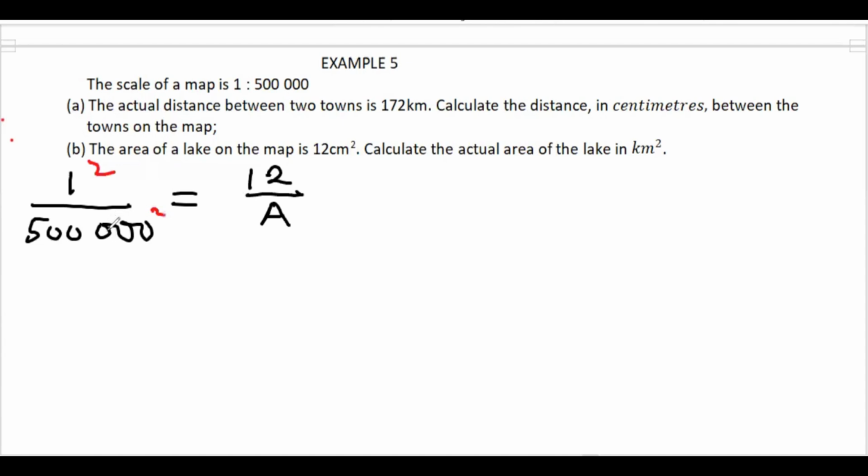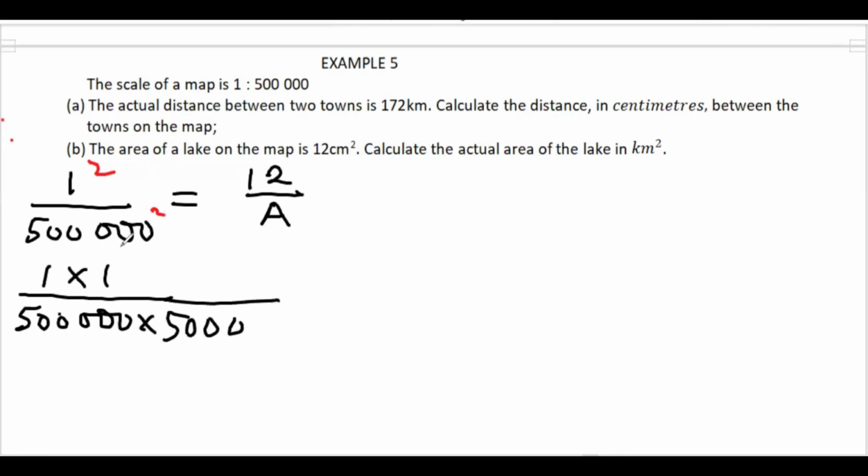This means 500,000 will multiply 500,000. You have 1 times 1, that's 1 squared, over 500,000 multiplying another 500,000, equals 12 over A. From here, we cross multiply.